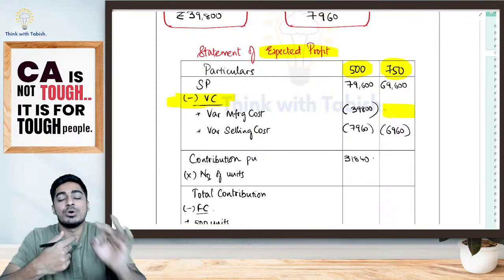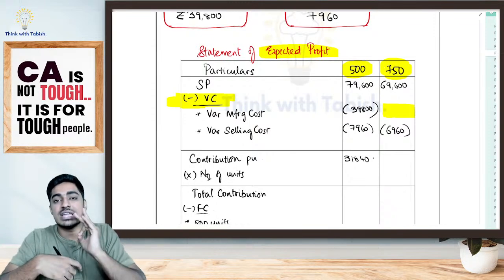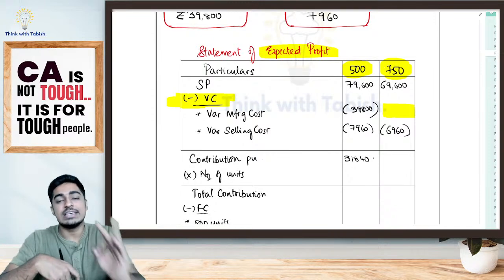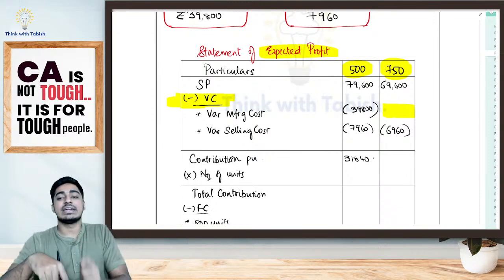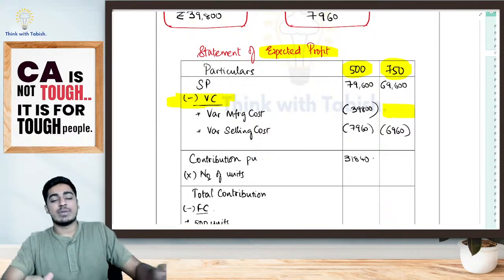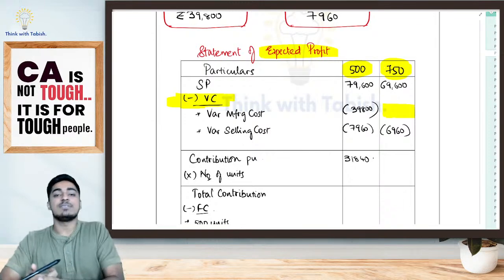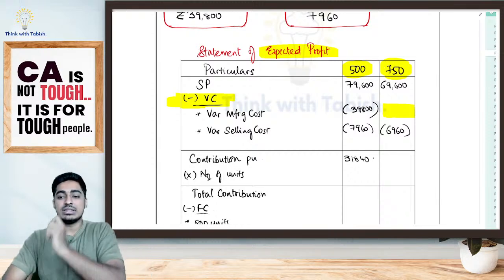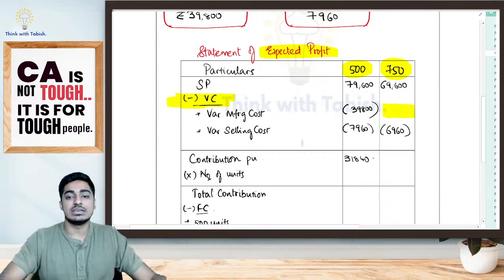So about variable manufacturing cost, nothing is given. So what do we assume? We assume that variable manufacturing cost per unit, whether we manufacture 500 units or 750 units, is going to be the same. Is it clear, students?